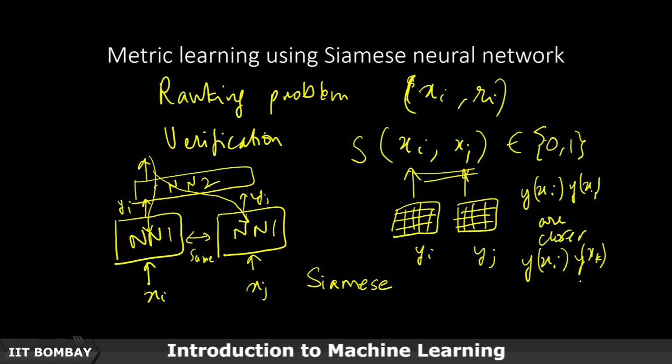So it's a triplet constraint. That means if we take two images of the same breed of dog, they are closer to each other than a third, or second, breed of dog. We can formulate it as a triplet where i is the anchor, xj is a positive instance, and xk is a negative instance.